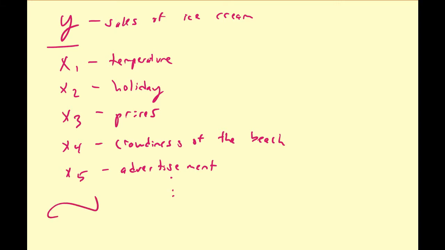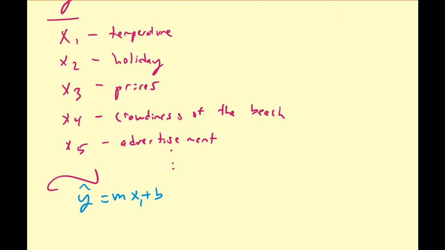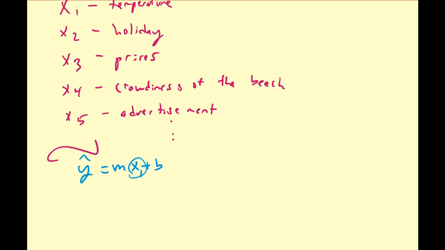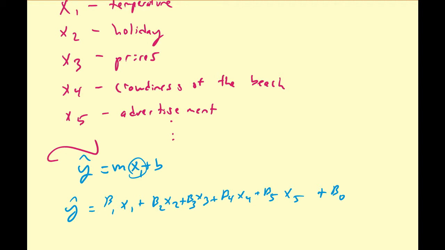But so far in this study, we've only considered a y equals m x1 plus b type of model. Technically, this is the most basic case because we're only considering one explanatory variable here. In general, you may want to include other variables, say x1, x2, x3, x4, and x5, into your study, right? So usually one may have beta 1, beta 2, beta 3, beta 4, beta 5, plus beta 0 here.